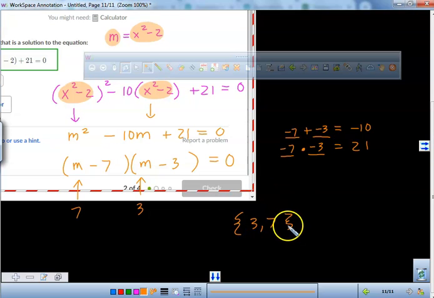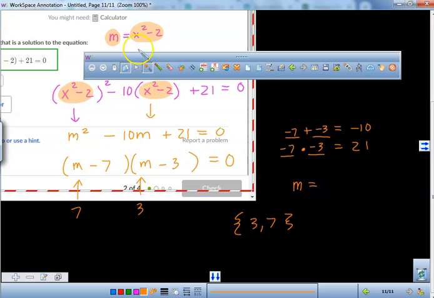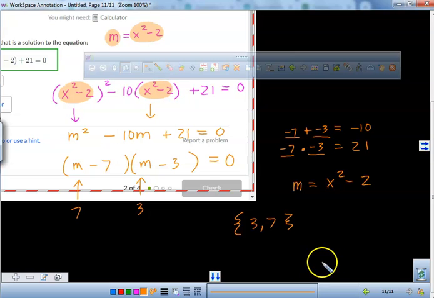Now, sometimes students get a little bit too hasty. They get excited, they type in a 3 or a 7, but we're not done yet. Because what did we say m was equal to up here? M was equal to x squared minus 2. So here's what I'd like you guys to do. This is one number for m, and here's another.